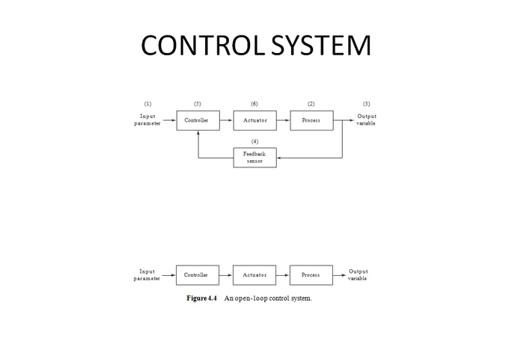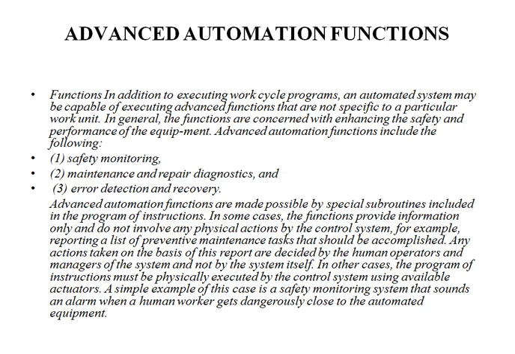So in the closed loop control system, a feedback sensor is present. In an open loop control system, the controller, actuator and process are there with the input parameter and output variable, but there is no feedback sensor to measure the output. So like this, both control systems are defined.